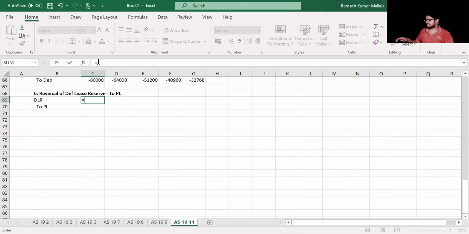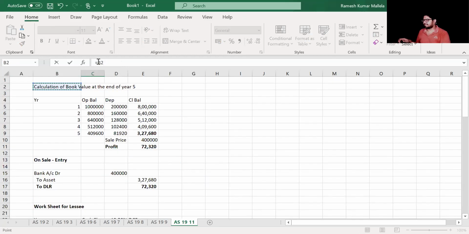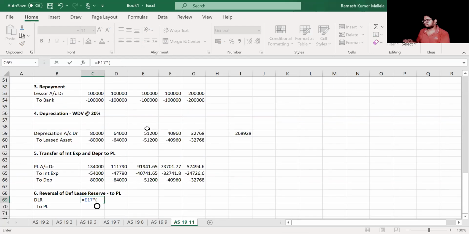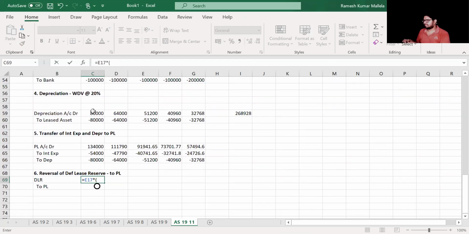So I'll directly go there, take that value into first year depreciation divided by total depreciation.